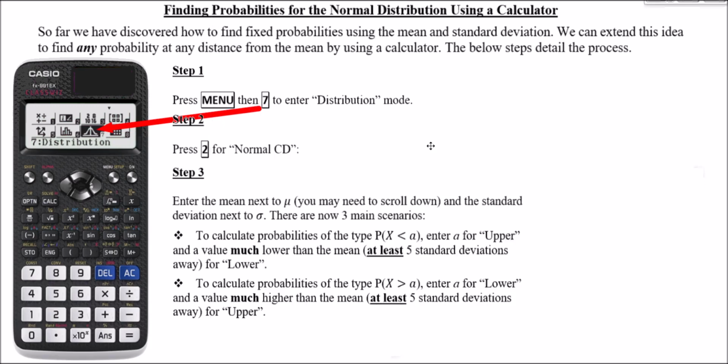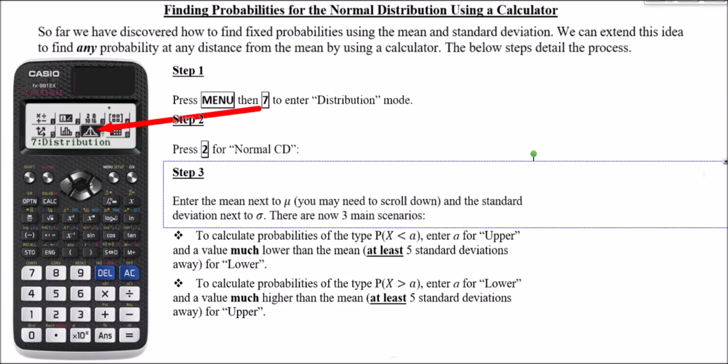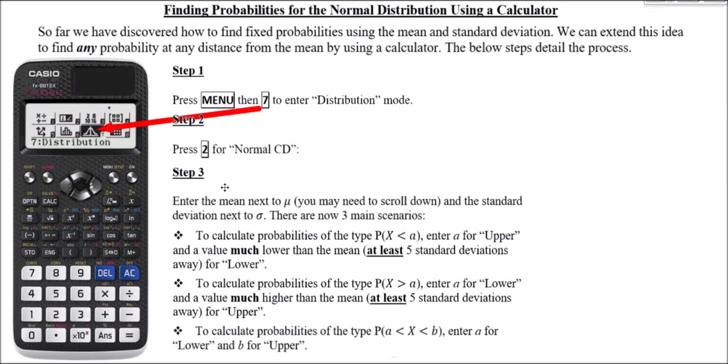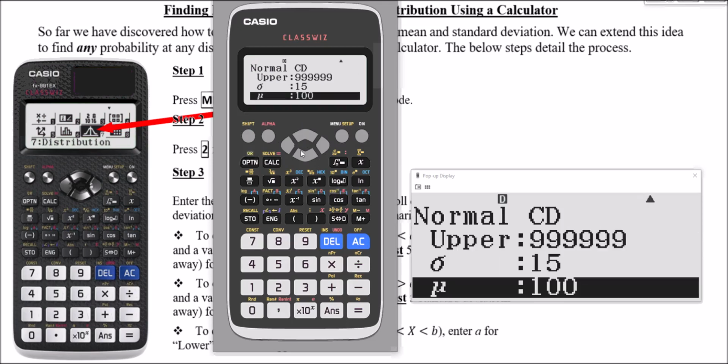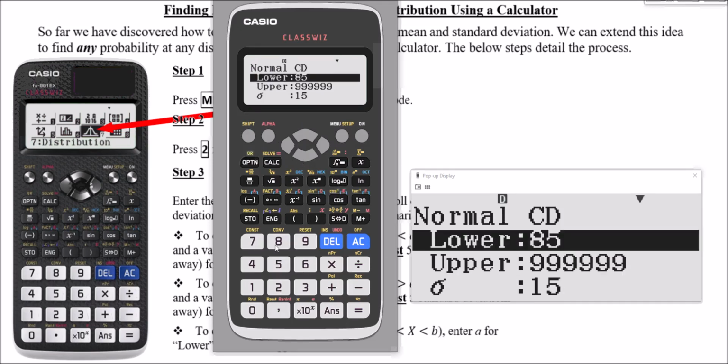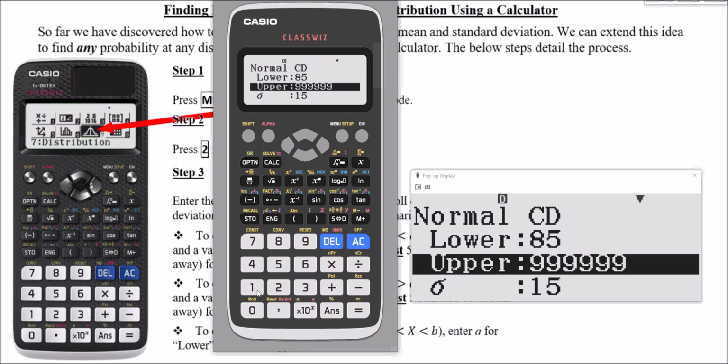The final scenario is if you wanted to find a probability which is in between 2 values. You'd enter A for the lower one and B for the upper one. So let's imagine now I wanted to find the probability of it being between 85 and 115.